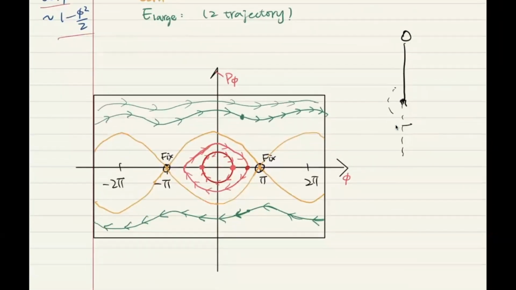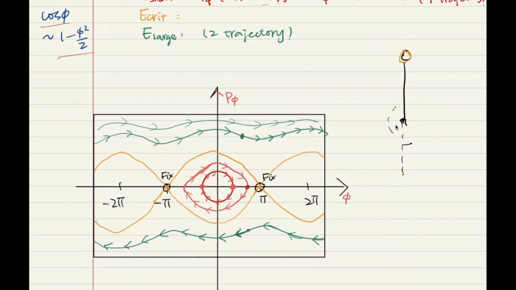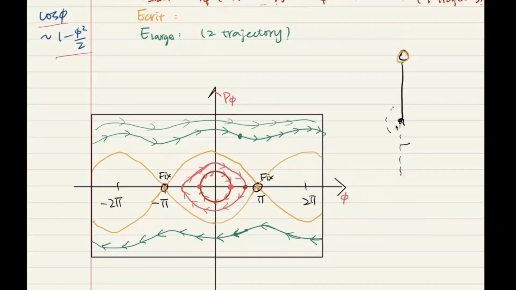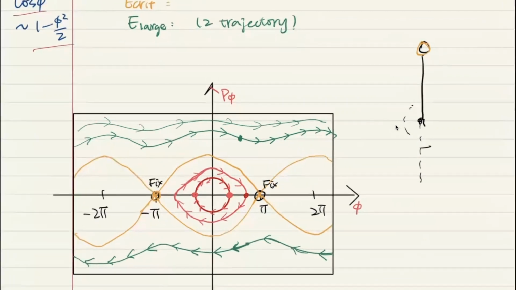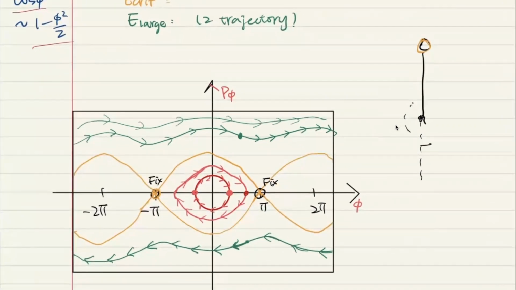Okay. So how do we understand this picture? Let's try to start from a fixed point. So let's say I'm trying to start from the fixed point at the left. The fixed point at left is saying the ball is on the top at negative pi phase, and then it's not moving. So this is an unstable equilibrium point.